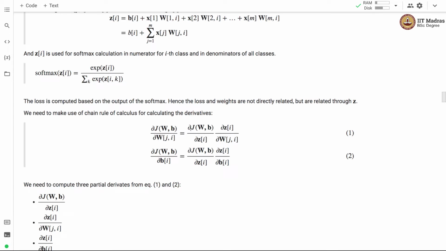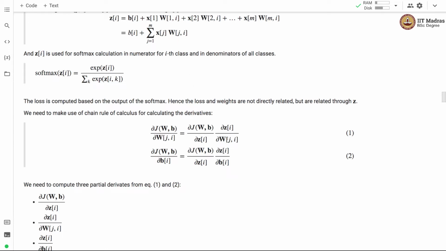And here we first differentiate the loss with respect to the linear combination for the ith class, and then the linear combination for the ith class is differentiated with respect to the weight, which is w j comma i, and you can see that this w j comma i is used in the calculation of Zi over here.